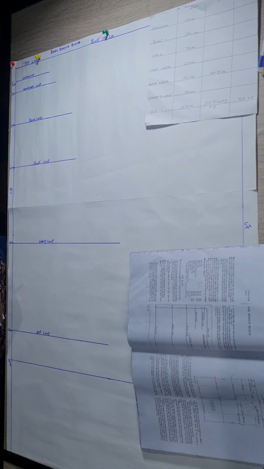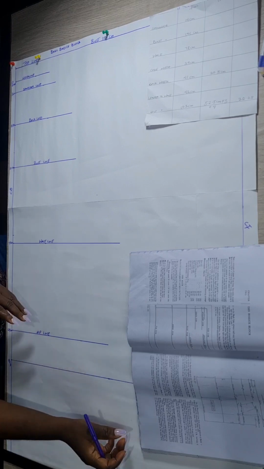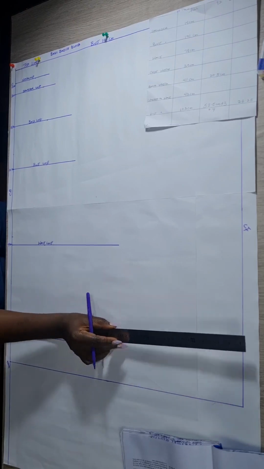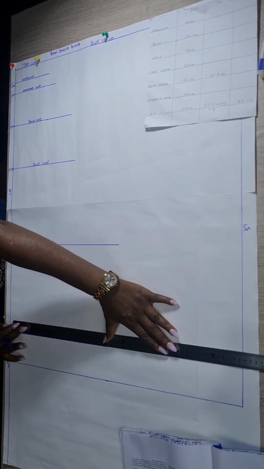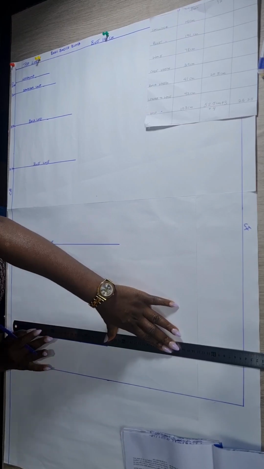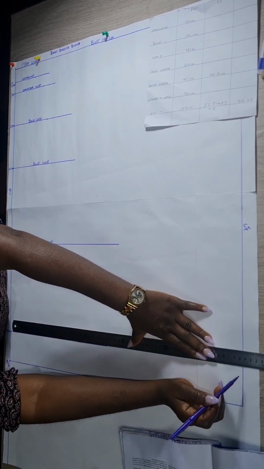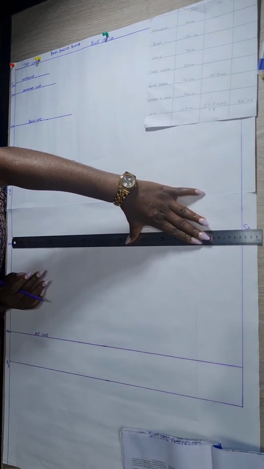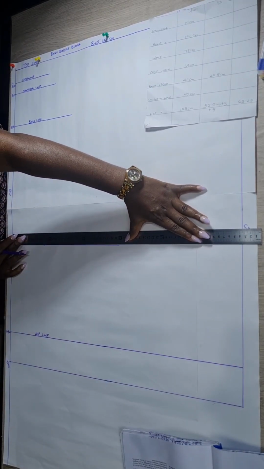Now, it says the hip line, the bust line, and the waistline going right across the paper to the CF. So this simply means that I need to extend my hip line to the CF. Extend my waistline to the CF also.